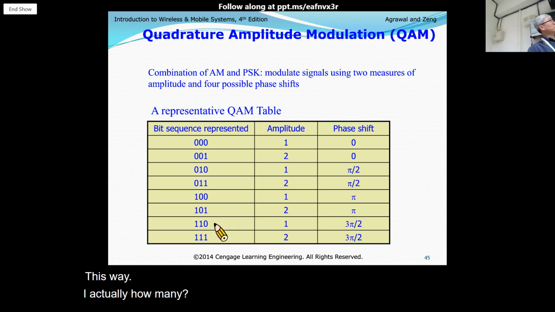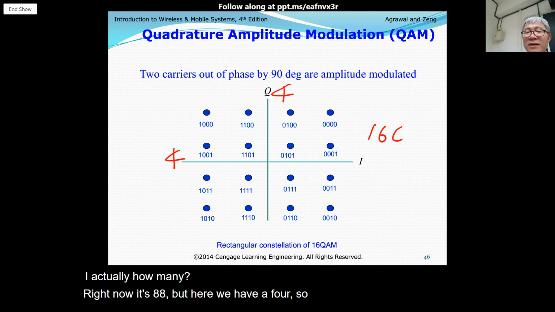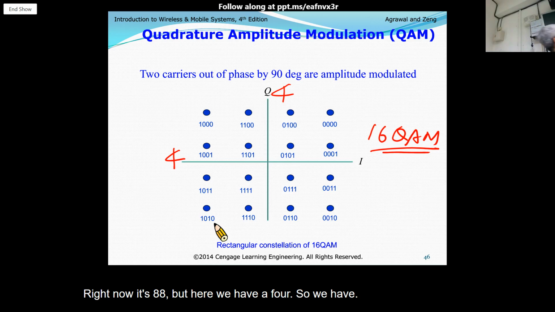Right now it seems to be 8. But here we have 4. So we have this one, and this is a constellation for 16 QAM.